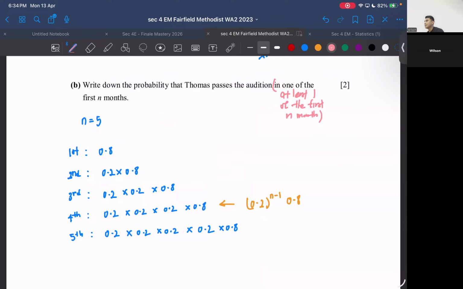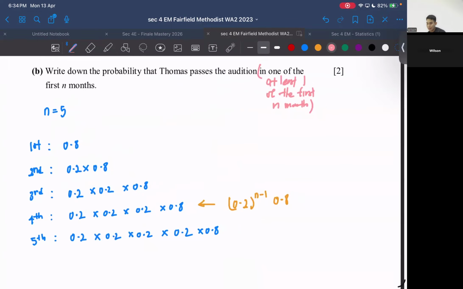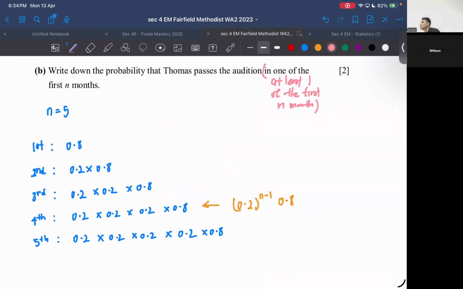Now, what is the key thing every time we hear "at least"? There's a technique. Every time we see "at least", it means 1 minus something, right?